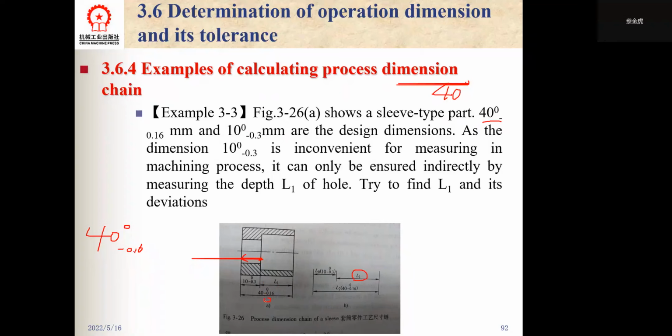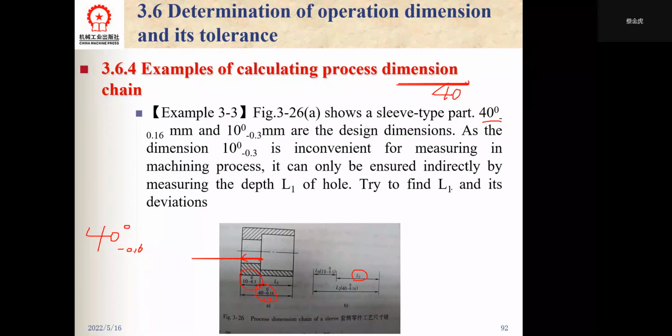We know the total dimension and the part of the dimension, and our question is to find L1 and its deviations. So how do we use what we have learned to answer the question?